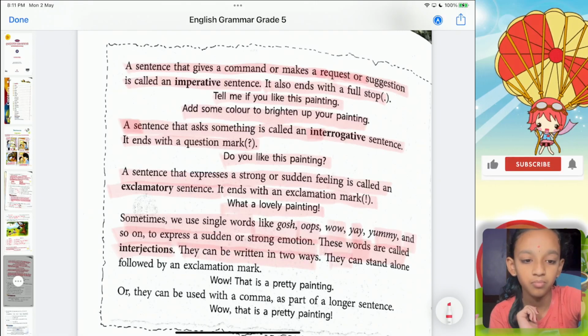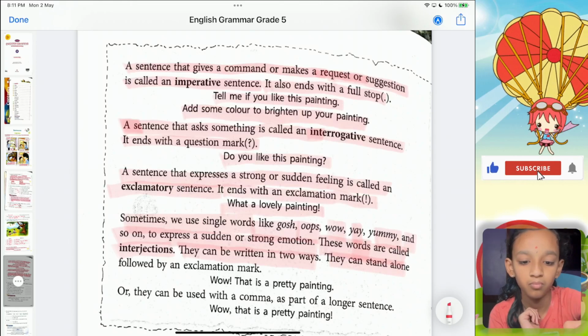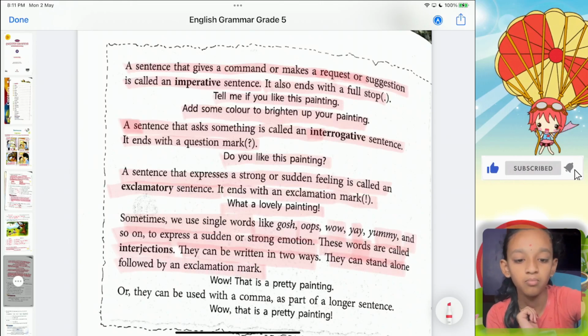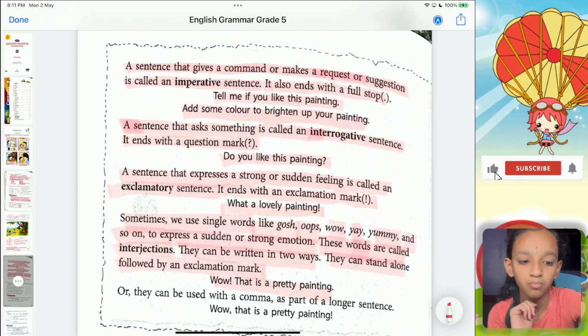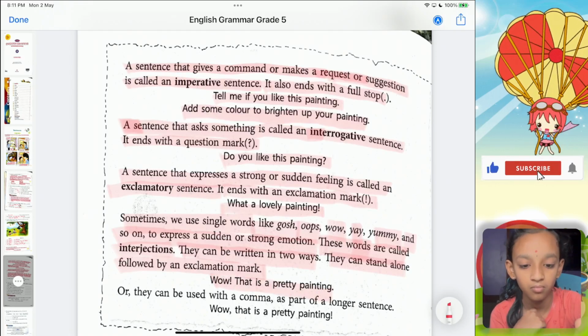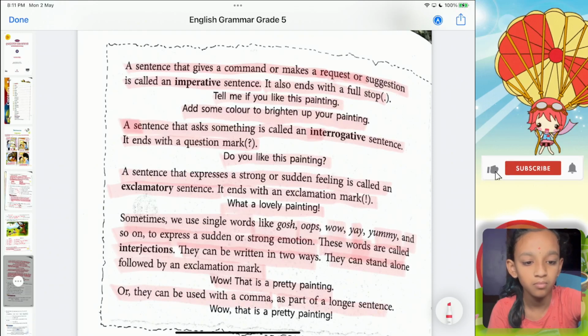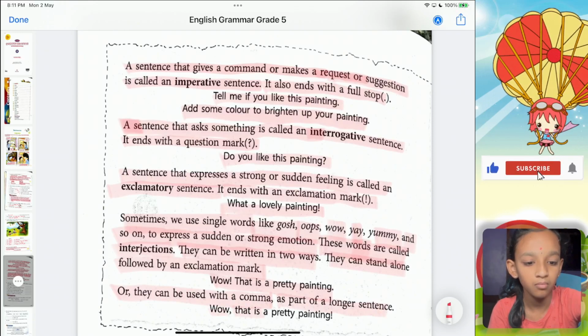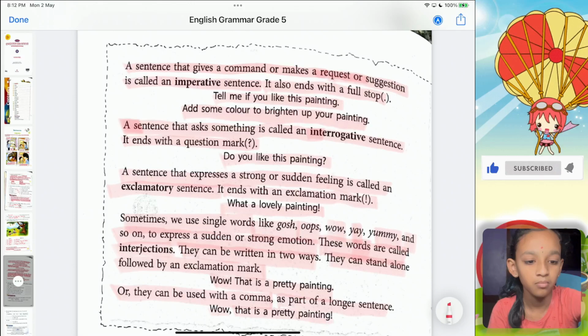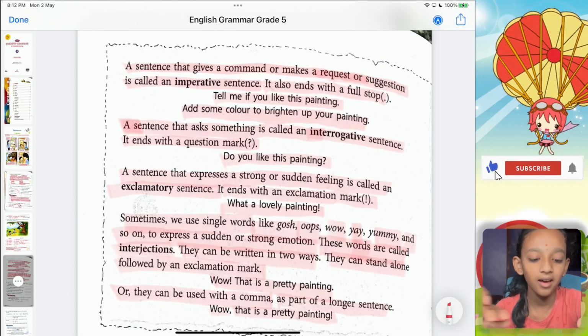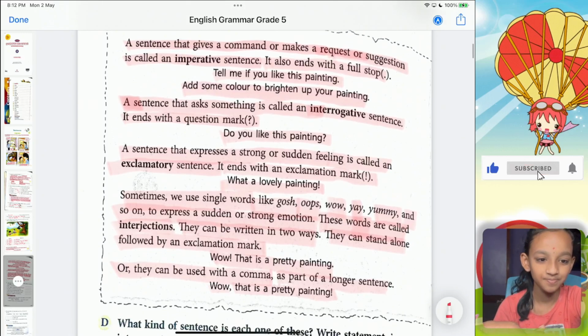They can stand alone, followed by an exclamation mark. You have an example like wow, exclamation, that is a pretty painting. Or they can be used with a comma as part of a longer sentence. Wow, comma, this is a pretty painting, and it ends with an exclamation, right?